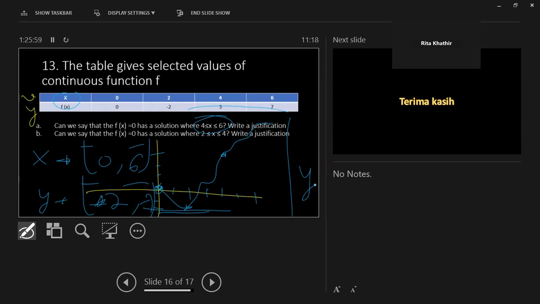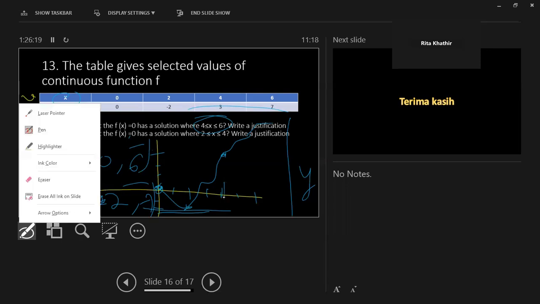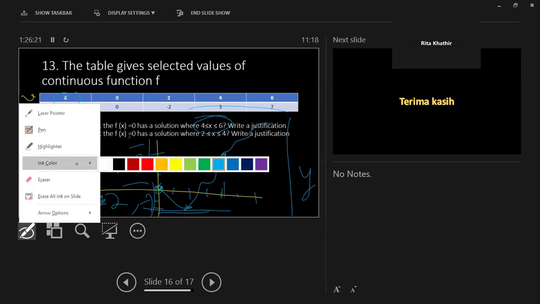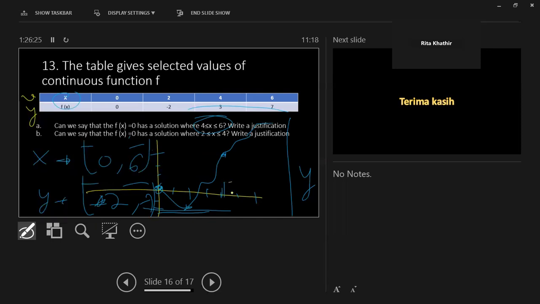So is it possible? The first statement, f of x equals 0, where x is 4 to 6. Where is 4? Here. I choose a different color. 4 and 6, x. What is the value of y here?